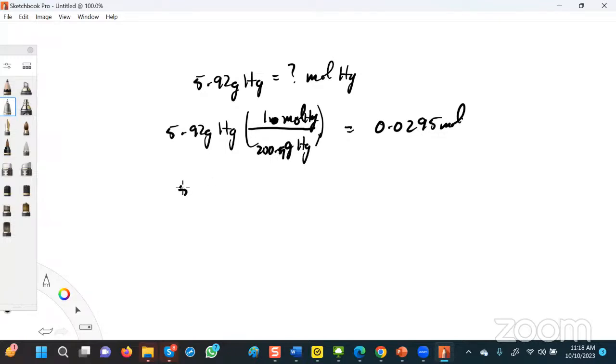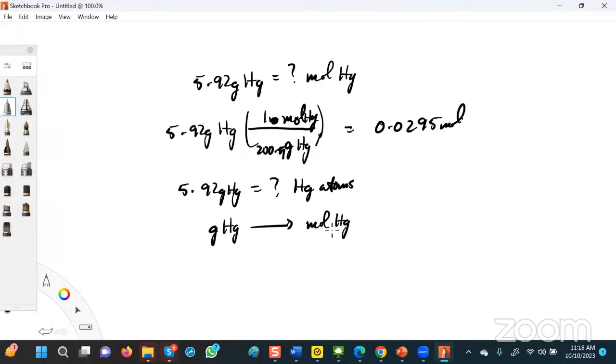Now, what if you're given this 5.92 grams of mercury and you're asked to convert that to number of mercury atoms? All right. So the way you go about doing this is that you start off with what you're given. You're given grams of mercury, and I would convert to moles of mercury, just like I did in the first example above. All right. But the question is asking not for the moles of mercury, but for the number of mercury atoms.